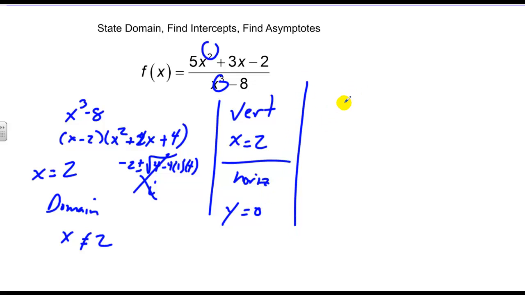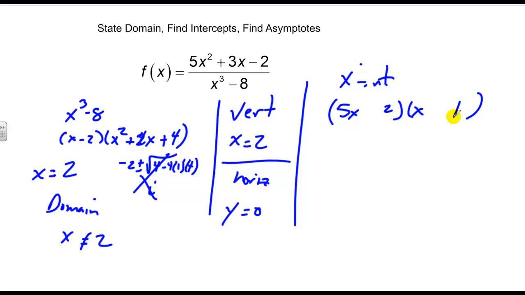I've now got to take and find my intercepts. So in this case, I'm going to basically factor the numerator. That's 5x. X. Need a 2 and a 1. Plus here, minus here. I get 2/5, negative 1. Y-intercept, I get a quarter.